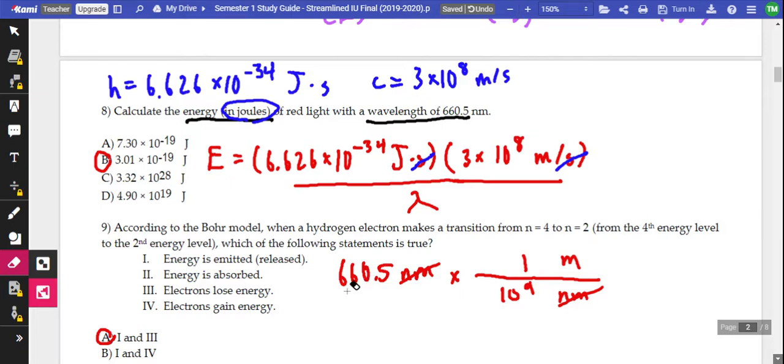So if I take 660.5 divided by 10 to the 9th, I should get what I need. Should be 6.605 times 10 to the negative 7th.